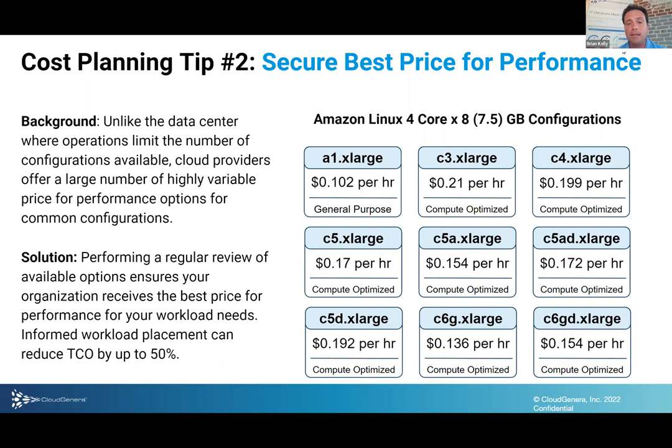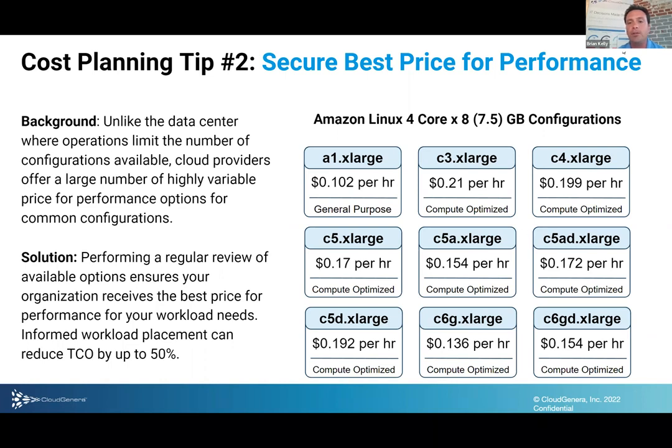And in some cases, it's really as simple as making sure that as your workloads are deployed, you're paying attention to when new generations of similar technology configurations are made available by the provider. Leveraging CloudGenera's platform, you can automate this analysis, but of course, going directly to the vendor's websites and on a regular basis, querying what's available is a manual approach to achieve the same outcome.